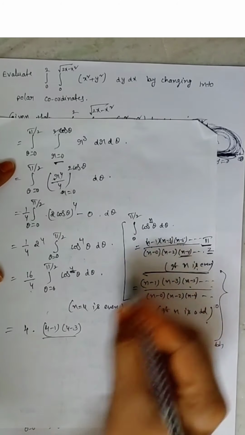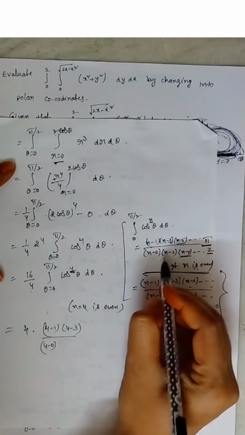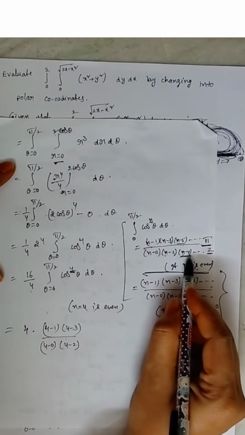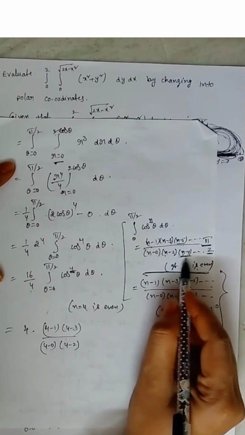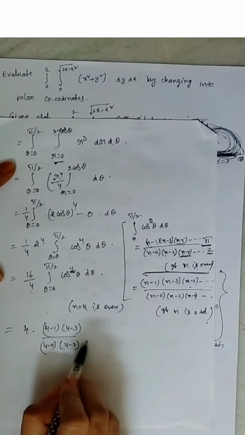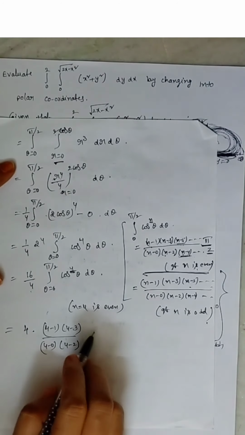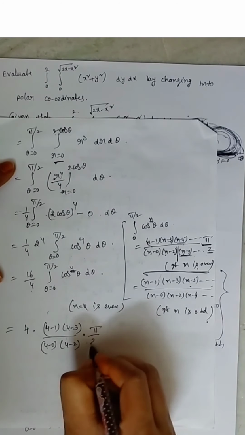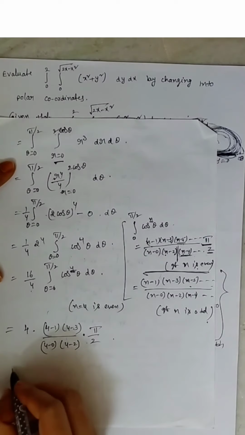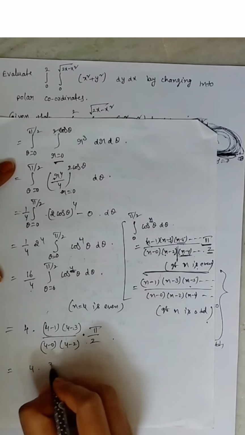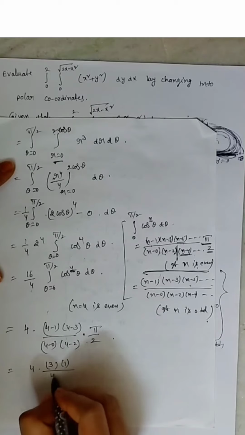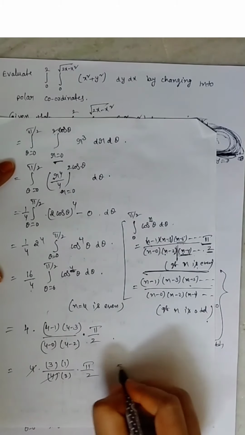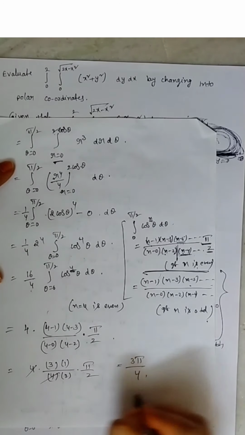Divided by n minus 0, 4 minus 0, 4 minus 2, positive value, 4 minus 4, 0. 0 means you need not write, because if you substitute 0 you may get an infinite value. So just write till this, and n is even, so you have to write pi by 2. Okay, 4 into 3 into 1 by 4 into 2 into pi by 2. So this one gets cancelled. 3 pi by 4 is the answer.